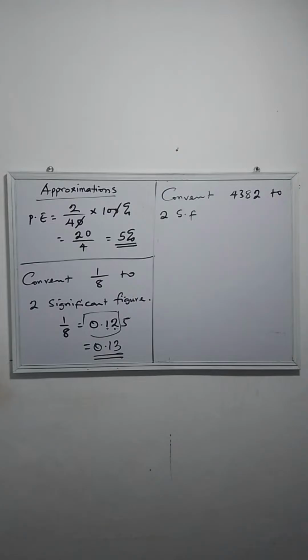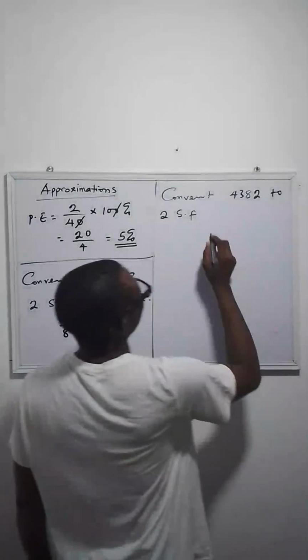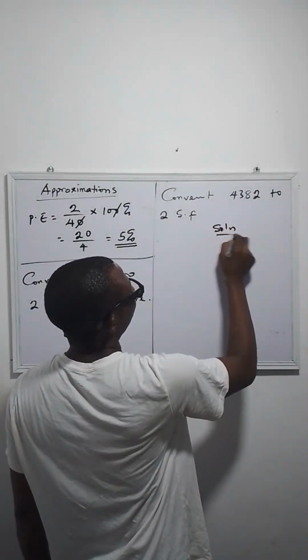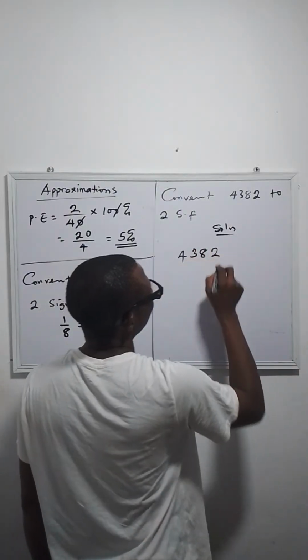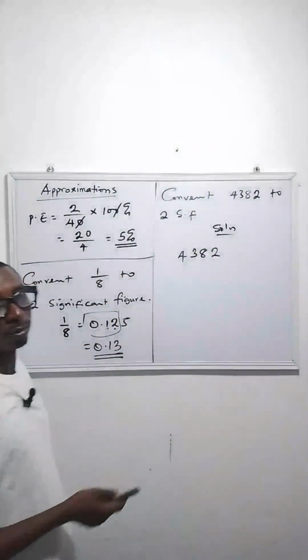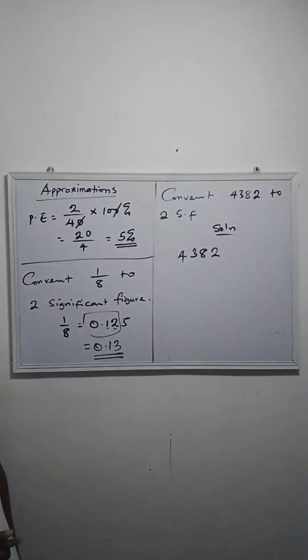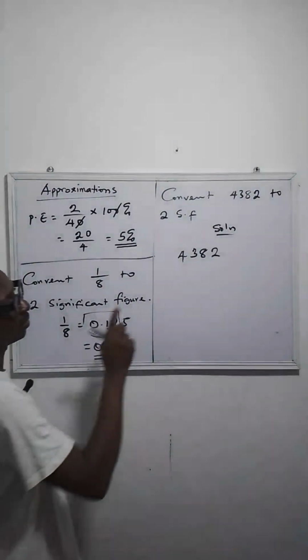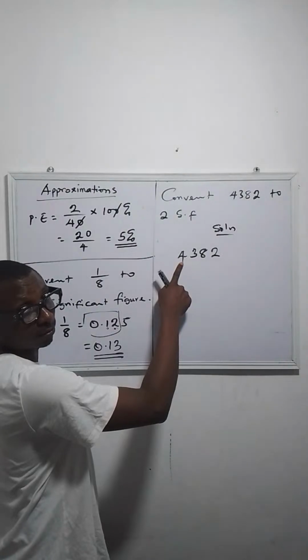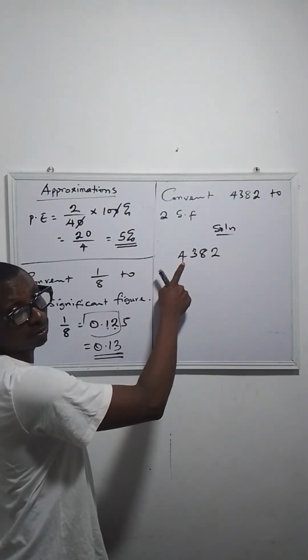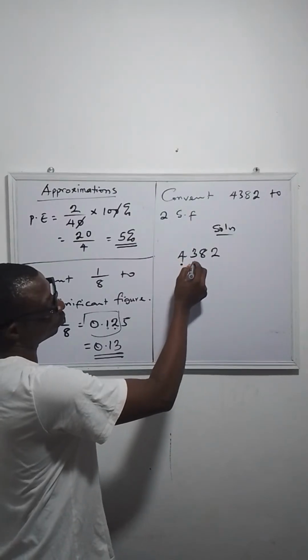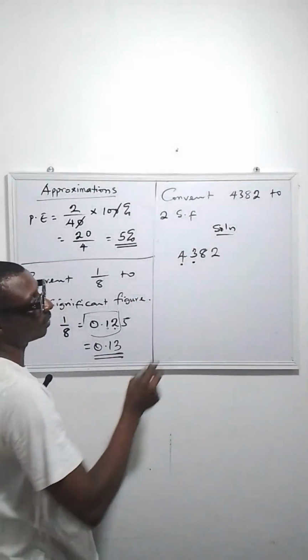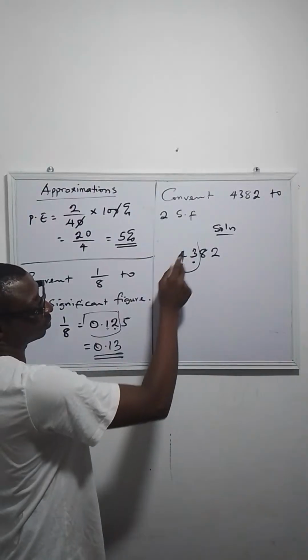So I think we can do this together now. Solution. We have 4,382. You want to convert this to two significant figures. Now, you start by counting from the first non-zero digit, which is 4. You count 1, 2. So after counting, this is the count.